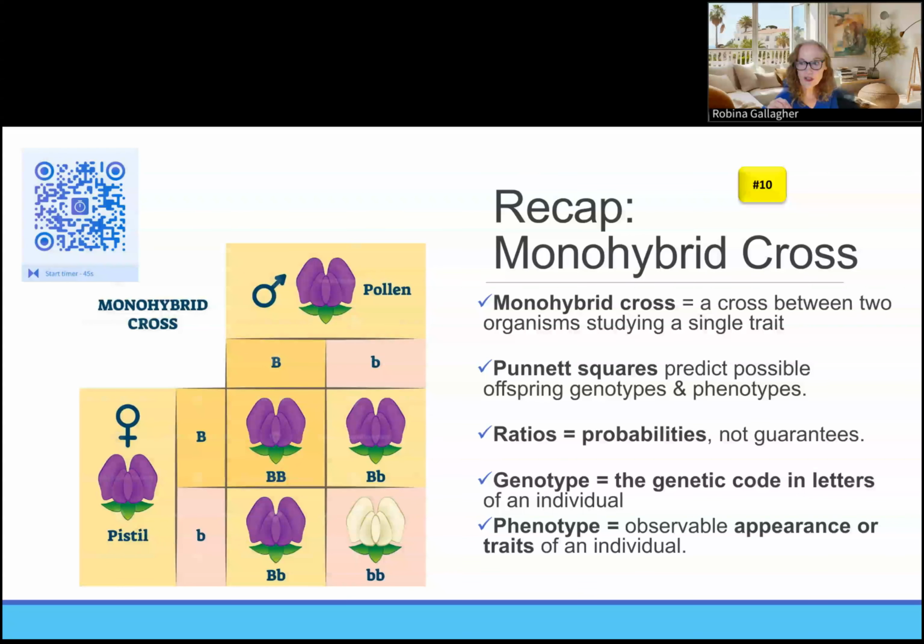And Punnett square ratios are not a guarantee. It's just a chance, right? It's the statistical probability that something's going to happen. The genotype is the genetic code in letters, whereas the phenotype is the observable appearance, the thing that you can see.